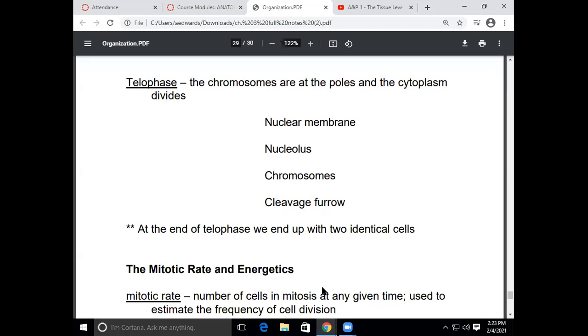Basically you can see the line where the new cells are gonna form, and then eventually you end up with just 2 cells with the nucleus. So that's telophase: prophase, metaphase, anaphase, telophase. And you end up with 2 identical cells.